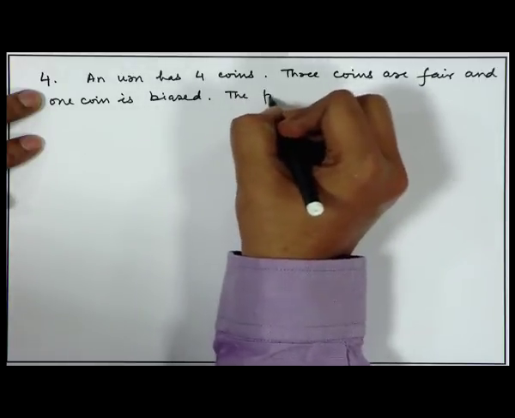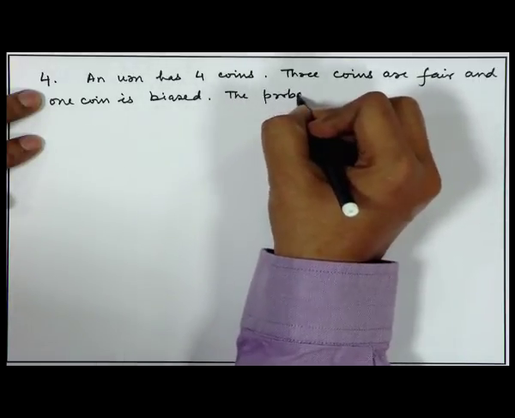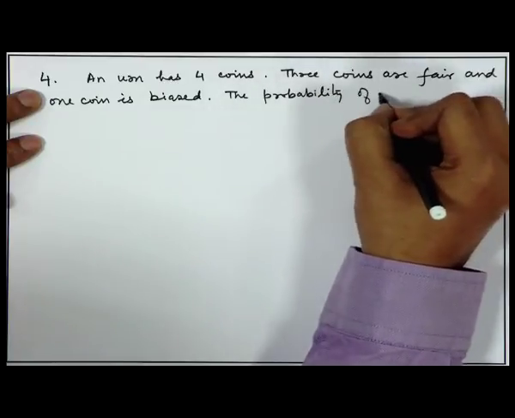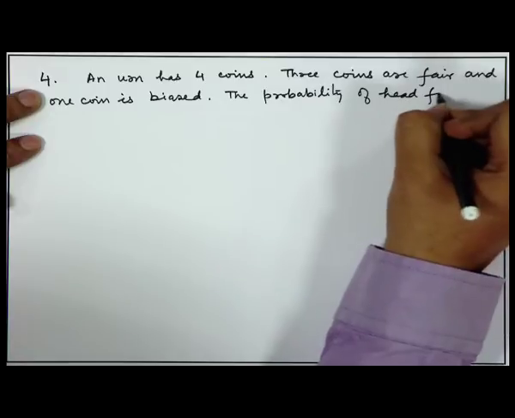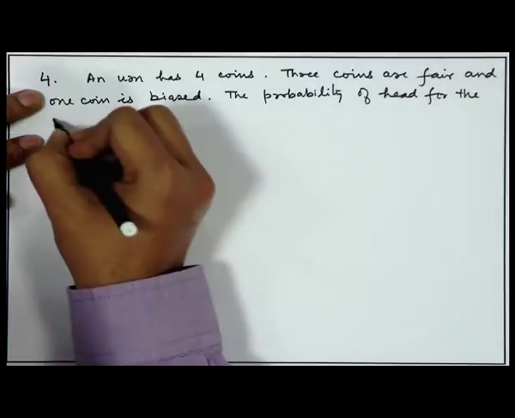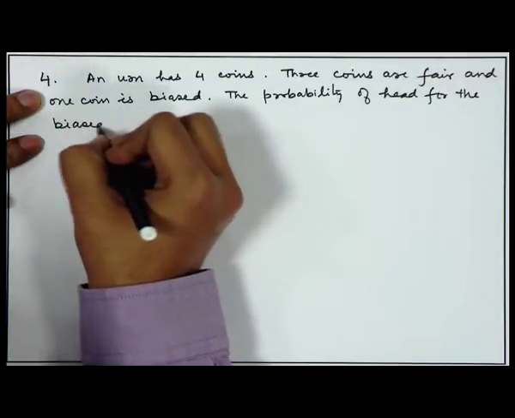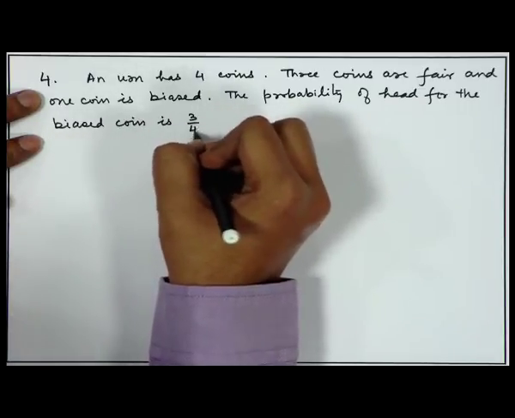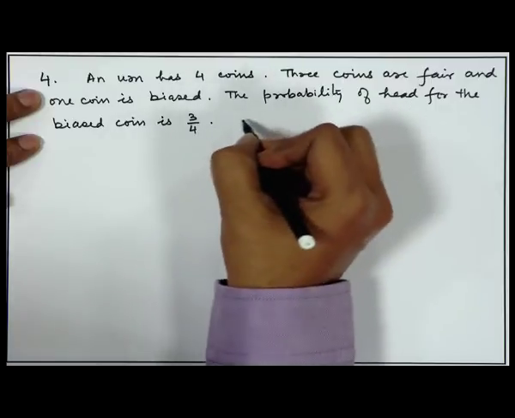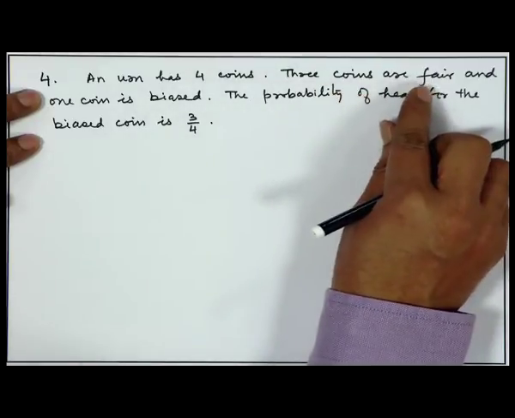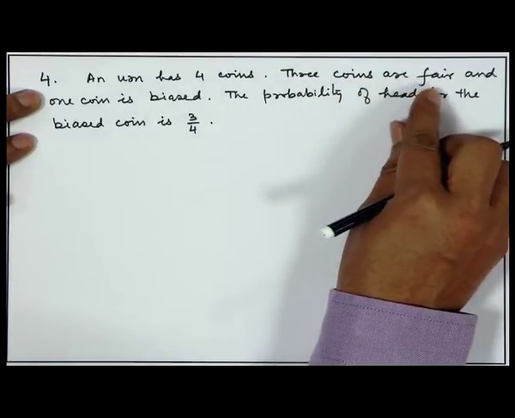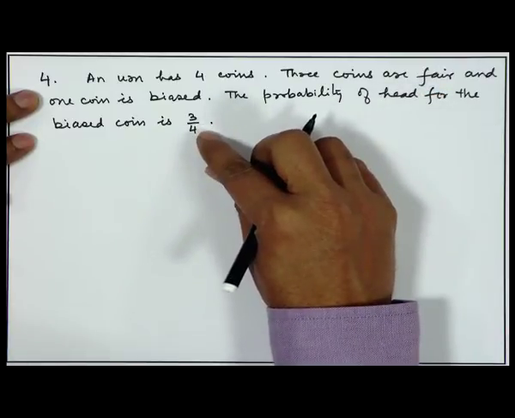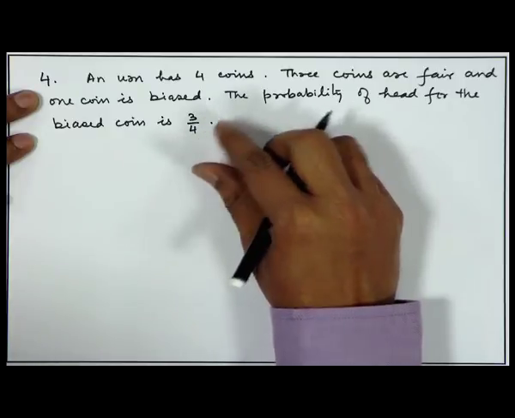Then the probability of head for the biased coin is 3 by 4. So, that means 3 coins are fair. So, here the probability of head and tail is half each, and for the biased coin the probability of head is 3 by 4. So, the probability of tail will be 1 by 4.